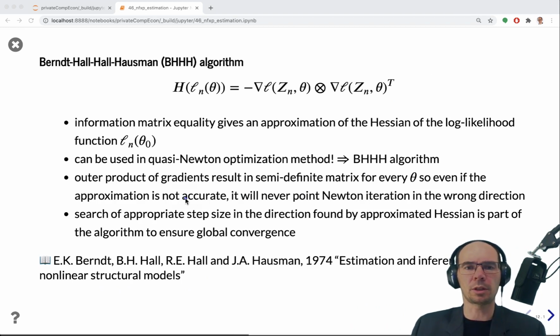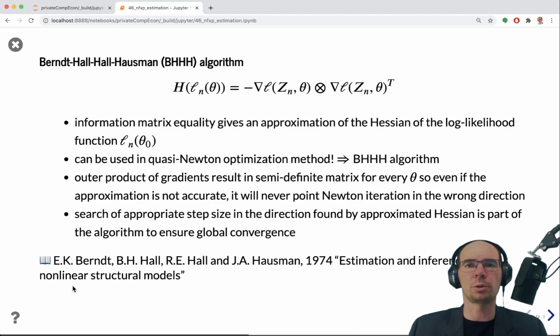And because we approximate the Hessian, and also to ensure a global convergence of the method, it's usually included into the algorithm the search for the appropriate step size. So, the Hessian tells us in which direction to make the step, but the size of the step can be refined additionally by ensuring that we always walk in the direction of the increase of the functional value. Also, here is the BHHH reference in the literature.